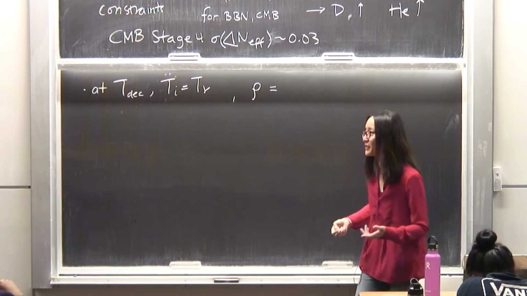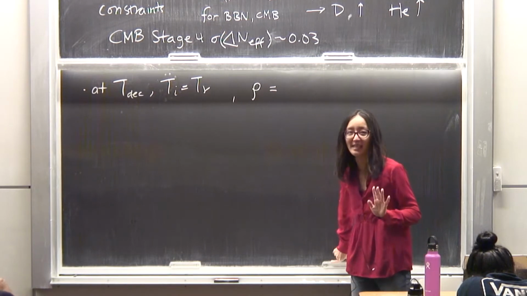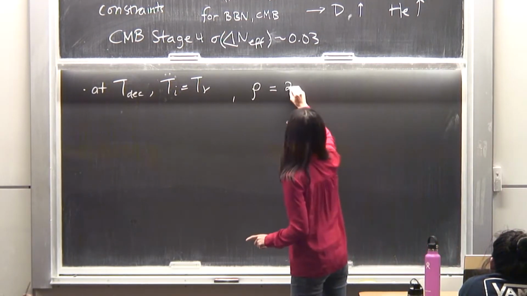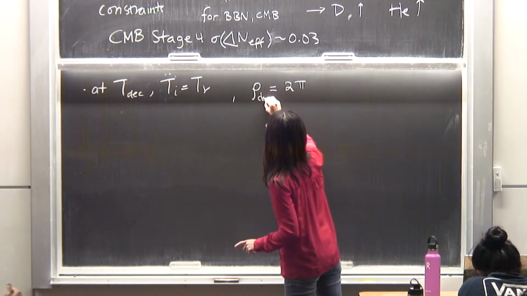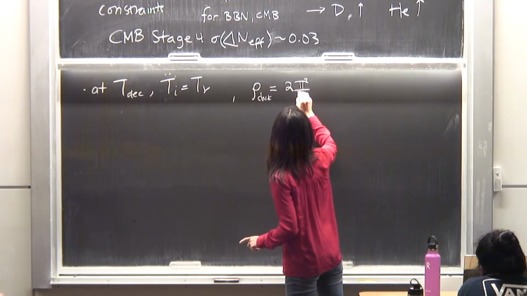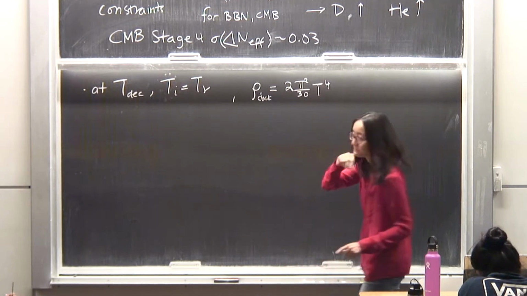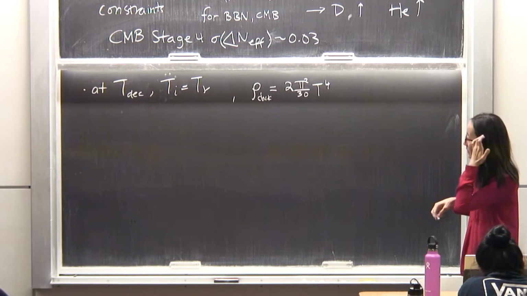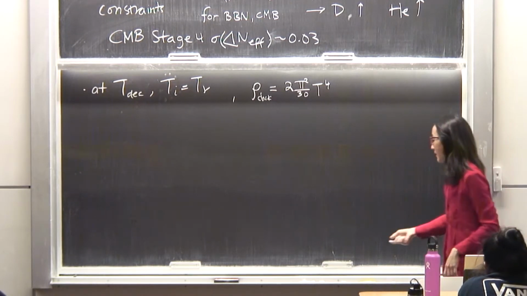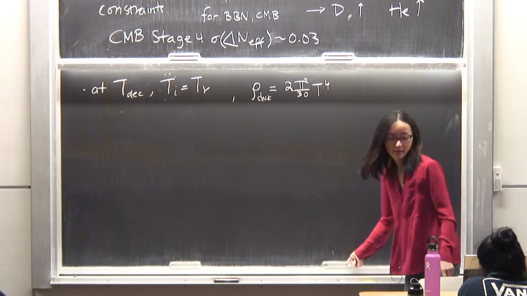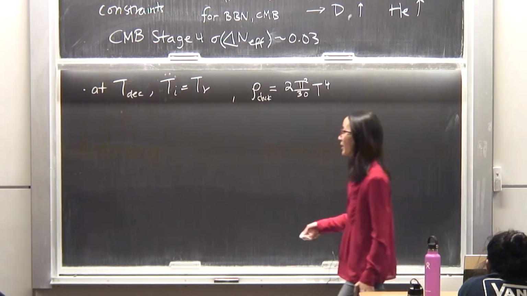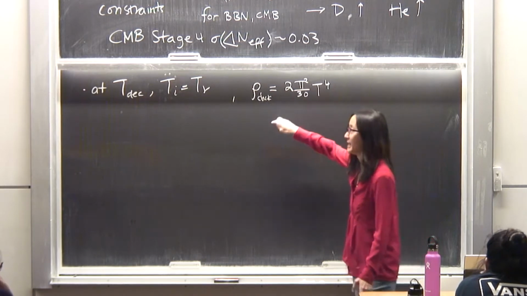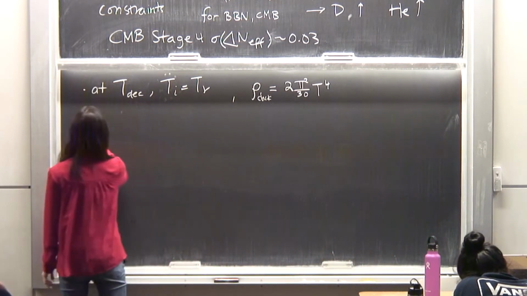Obviously, that assumes also that they're scalars, just to be as minimal as possible. Okay, so now I want to get this dark sector energy density at, say, BBN.